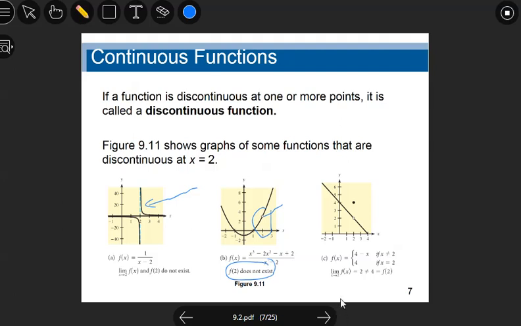Now let's go to our third example, C. In C, you can clearly see the left limit and right limit are equal, they become 2, and the value of the function at 2 is equal to 4. The limit exists and the value of the function at point 2 exists, but the problem is they are not equal. Then we can say this function is not continuous at 2.